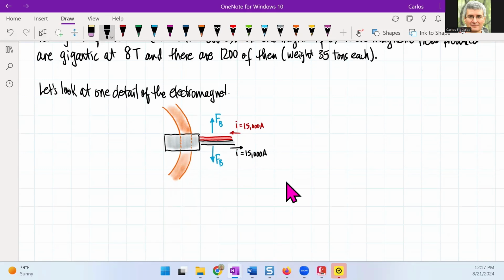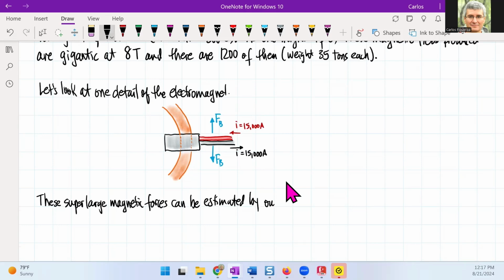These super large magnetic forces can be estimated by our force relation.